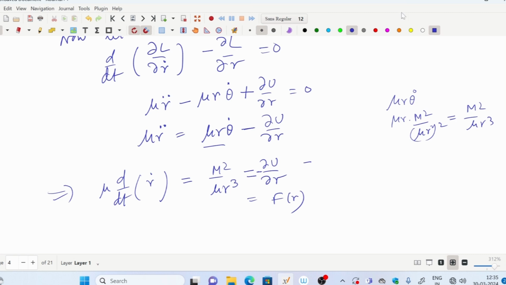So let me write mu d dt of r dot minus M square by mu r cube equal to f of r.